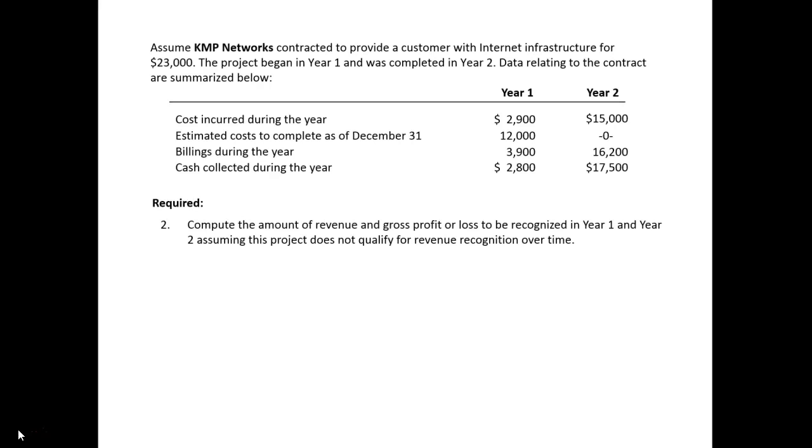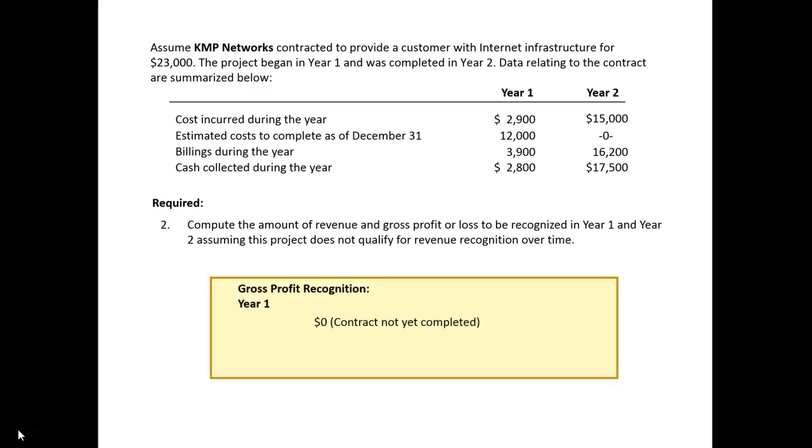Now, if this project doesn't qualify for revenue recognition over time, in year 1 there would be 0. In year 2 there would be the entire amount minus our costs to complete, which would give us a gross profit of $5,100.